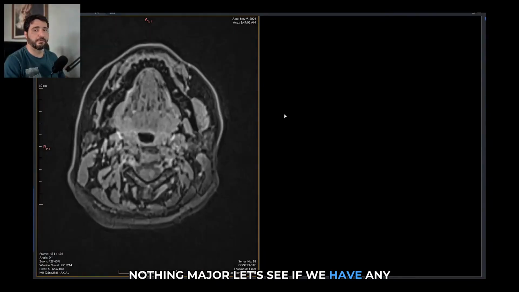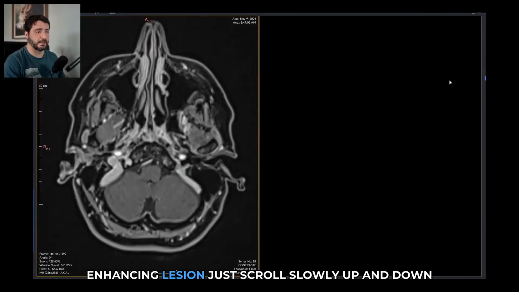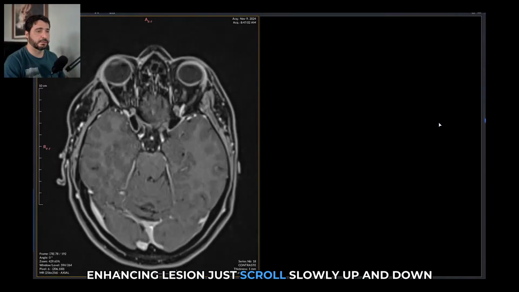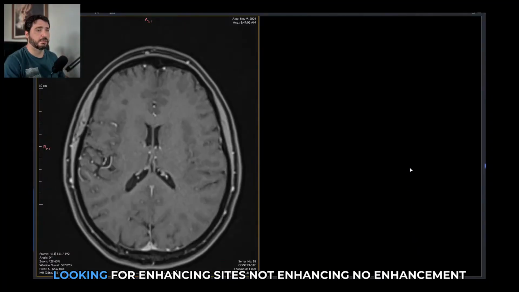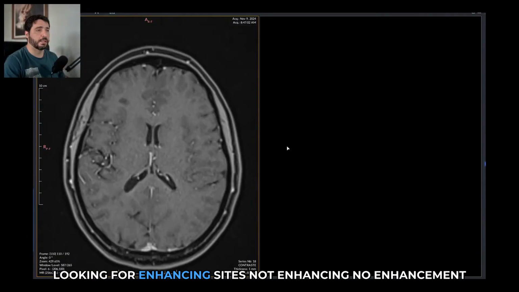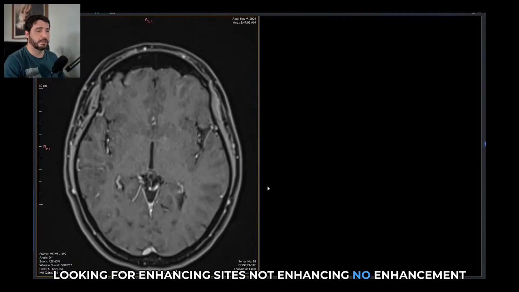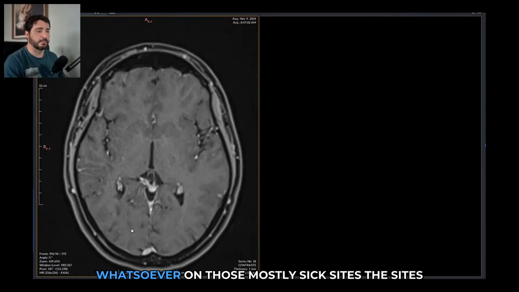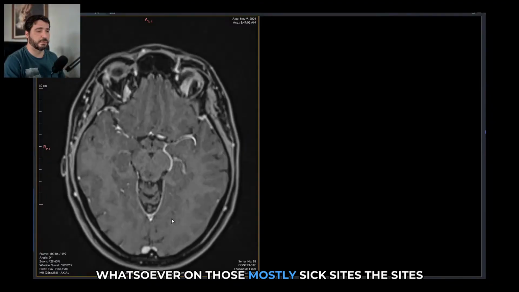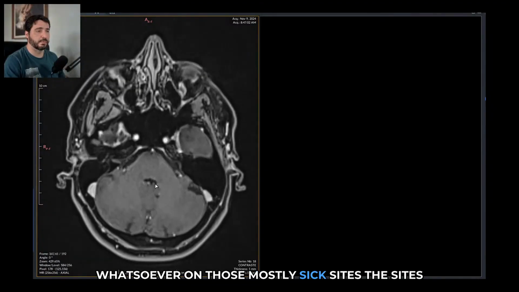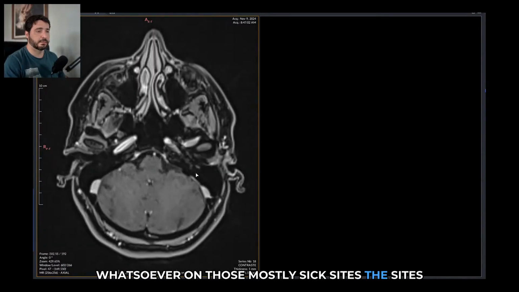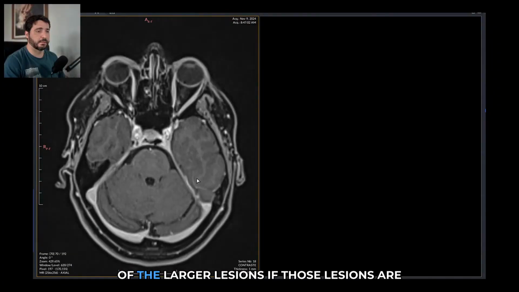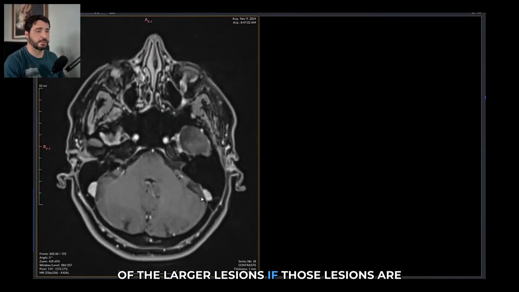Let's see if we have any enhancing lesion. Just scroll slowly up and down, looking for enhancing sites. Not enhancing, no enhancement whatsoever on those mostly sick sites, the sites of the larger lesions.